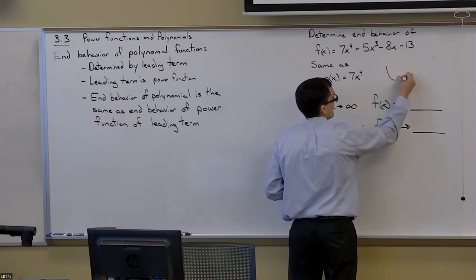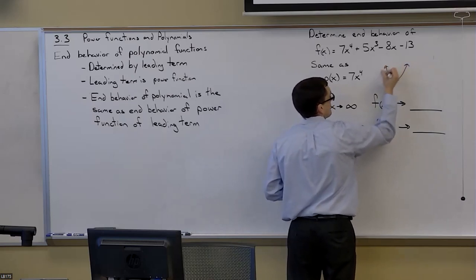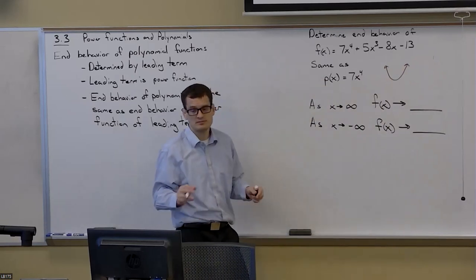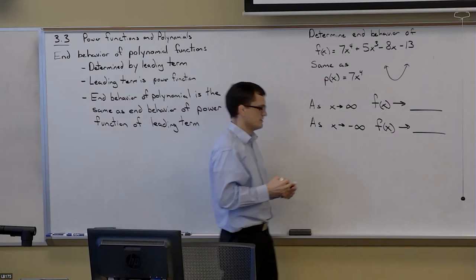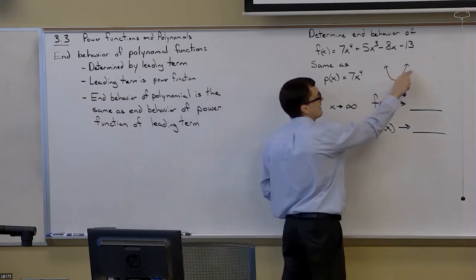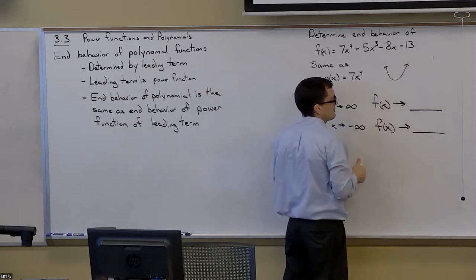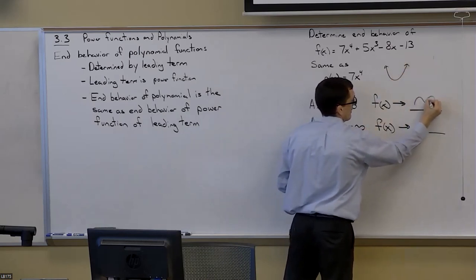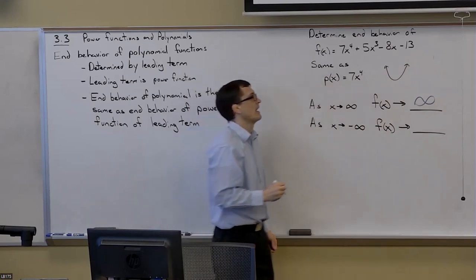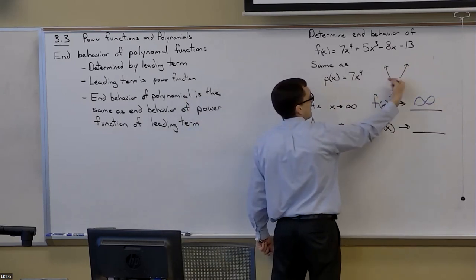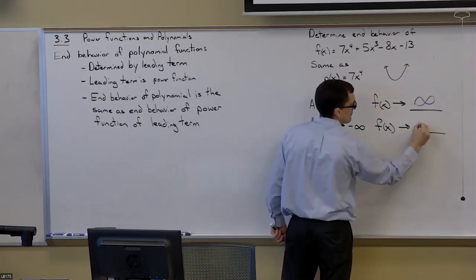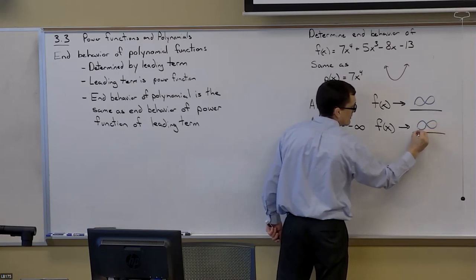It does a coming up of some way, shape, or form. So as x goes to infinity, meaning as we go to the right, the function's going up forever. As we travel to the left on this curve, the function is going up forever.